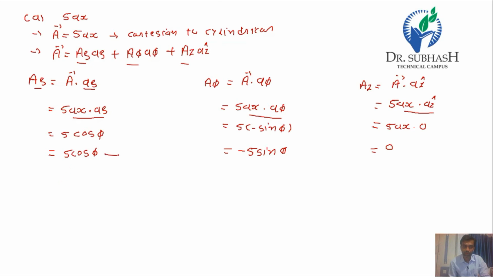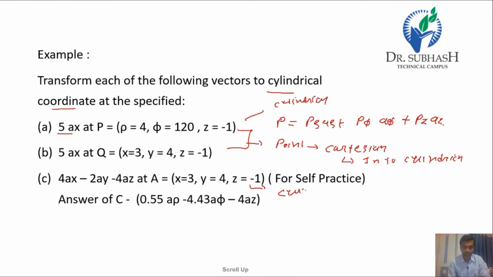If we put the values of aρ and aφ in the general equation, then we get the vector A as ρ cos φ minus ρ sin φ. And here we have the given point P, which is ρ is equal to 4 and φ is equal to 120 degrees.